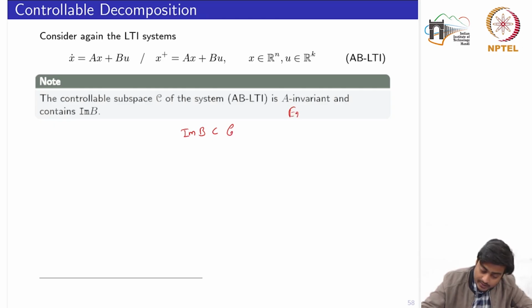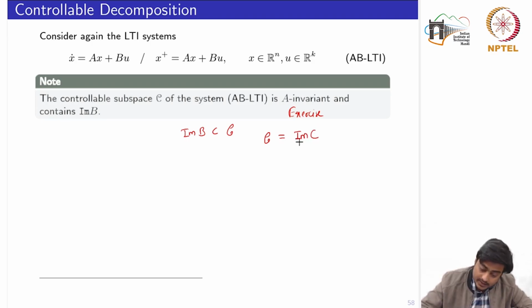You can prove this by yourself as an exercise: the controllable subspace C, if you recall from one of the results, is nothing but equal to the image of the controllability matrix.